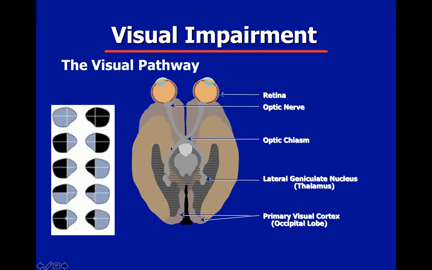Now, if you would have a lesion in any of these pathways, whether at the optic nerve, at the optic chiasm, in your optic tract, in your lateral geniculate nucleus, which is your thalamus, or in your occipital lobe, you get certain visual pathway lesions.